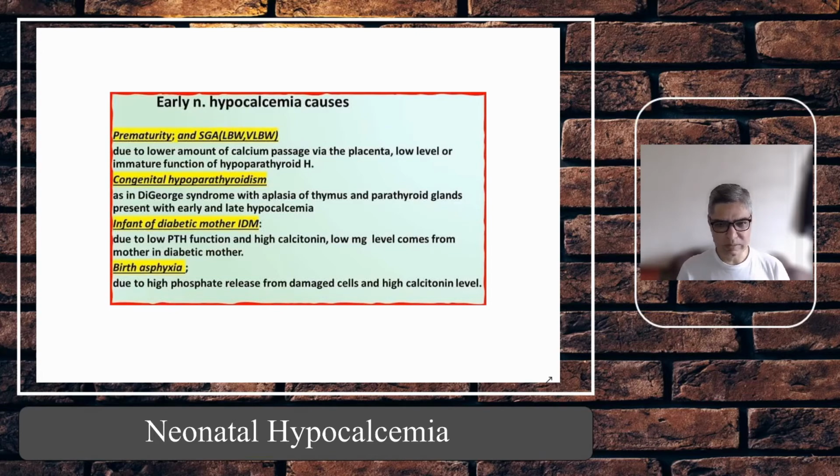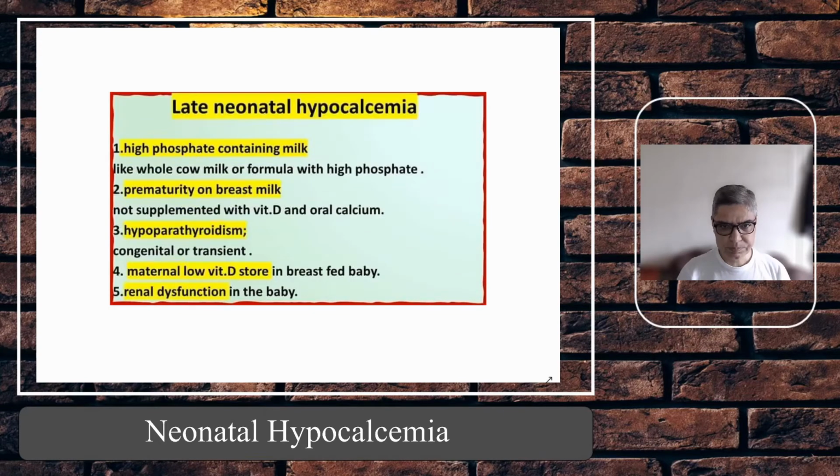Asphyxia means the child is not getting enough oxygen, his cells are not getting enough oxygen, so many of these cells die, and when they die they release a lot of phosphate. This phosphate from the damaged cells, coupled with a high calcitonin level, can cause a low level of calcium, which can cause neonatal hypocalcemia.